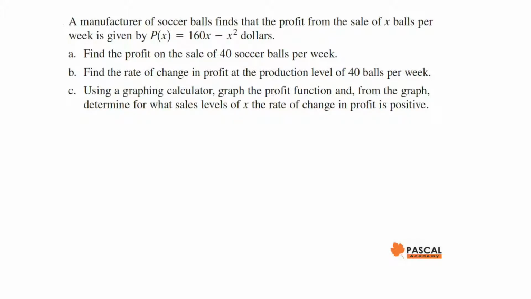A, find the profit on the sale of 40 soccer balls per week. We are looking for P of 40. The profit when x is 40 is 160 times 40 minus 40 to the power of 2, which is $4,800.